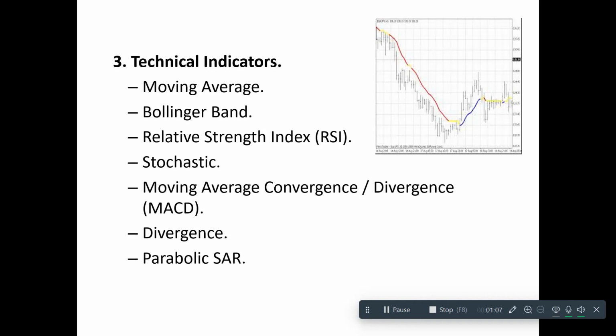When you're having a conversation with a trader and they say, oh, I'm using moving average, or the Bollinger Band, or the relative strength index, the RSI, the stochastics, moving average convergence divergence, MACD, and so on, they are all technical indicators.